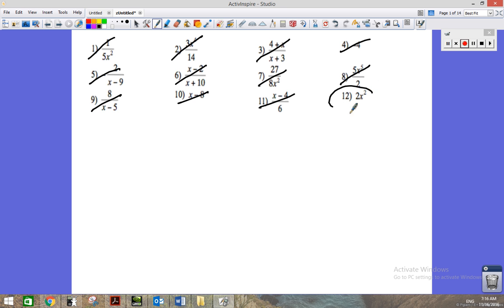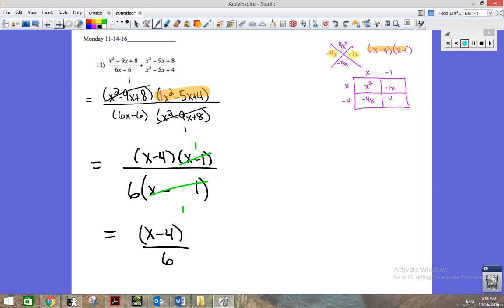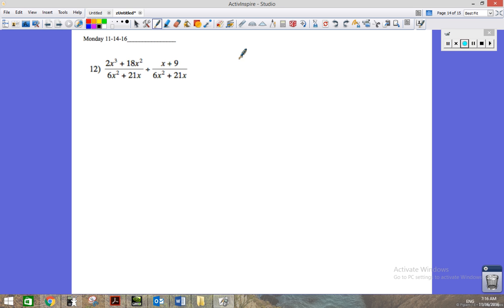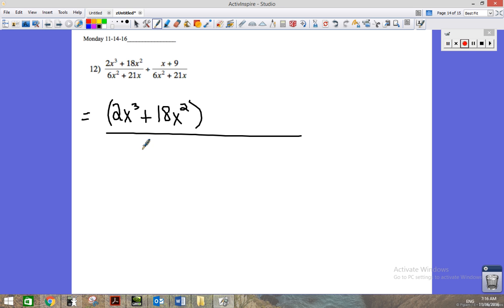So our last problem, we're hoping to get 2x squared. Let's go see what we get. Alright, I do not have any trinomials, and it's division again. So my first step is an easy first step if you remember it. And that's to flip this second fraction.